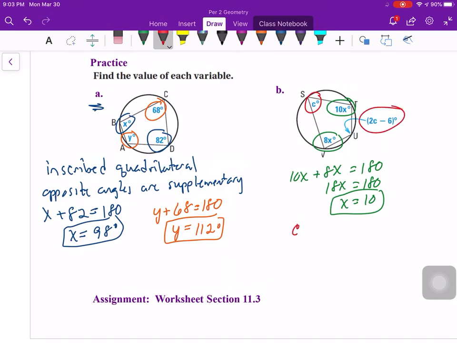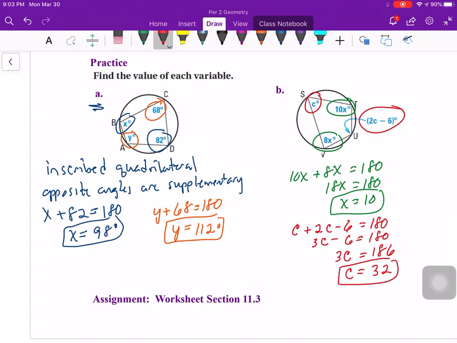For the other one, for the c, we have a c and a 2c minus 6. So the c plus the 2c minus 6 equals 180. They're supplementary. 3c minus 6 equals 180. 3c equals 186. C equals 62.